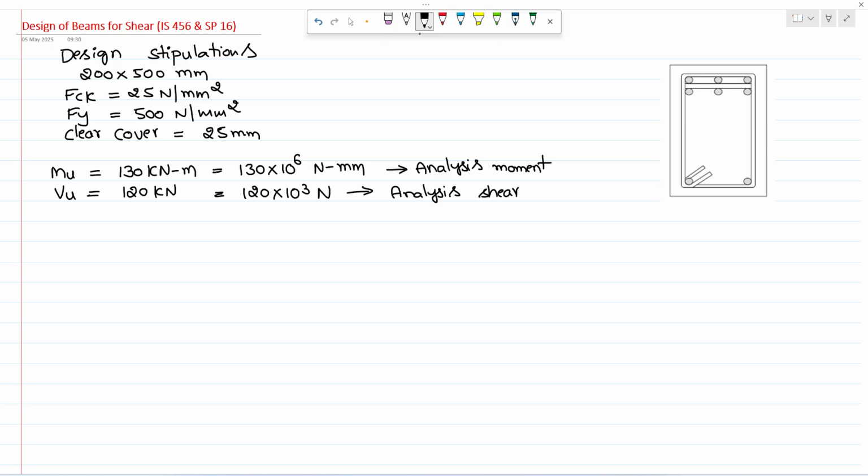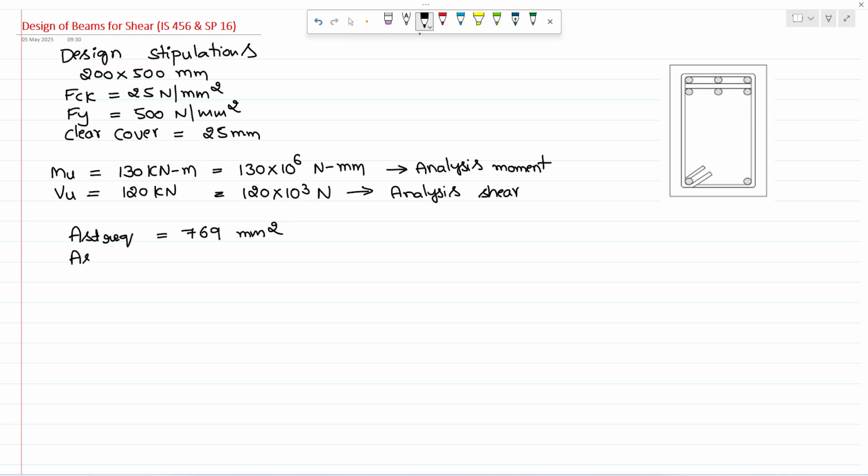So from my flexure design, Ast required is 769 mm square.